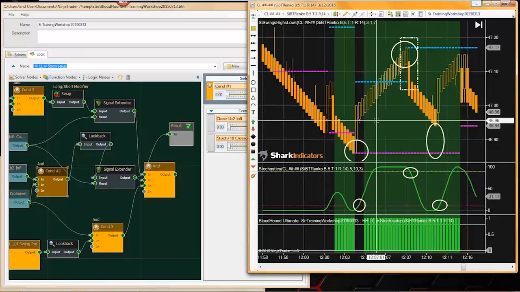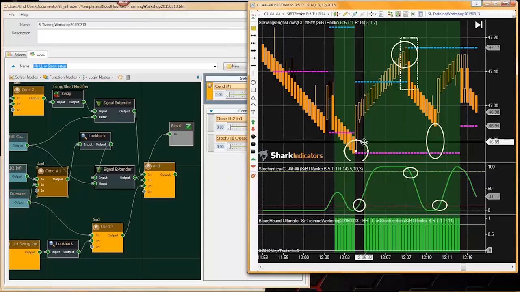Essentially, just to summarize, what I found was that I originally built condition 1, pretty simple.